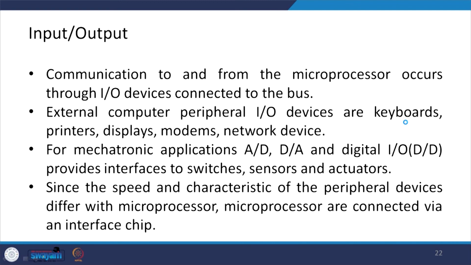Now, let us look at the input output. The communication to and from the microprocessor occurs through the input output devices connected to the bus. External computer peripherals, input output devices are, say, keyboard, printer, displays, modems, network devices.